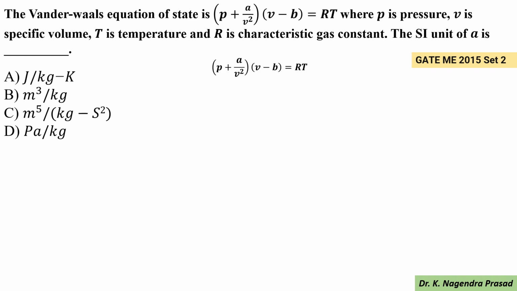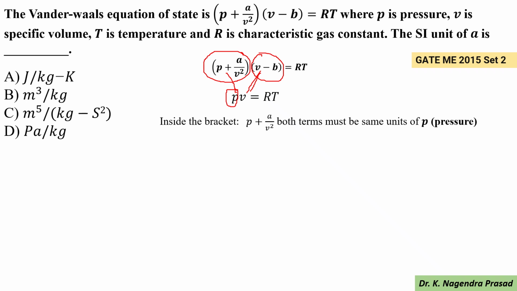Here the given equation is (P plus a by v square) into (v minus b) equal to RT, which looks like PV equal to RT. So the units of P and a by v square should be the same, and the units of v and b should be the same.